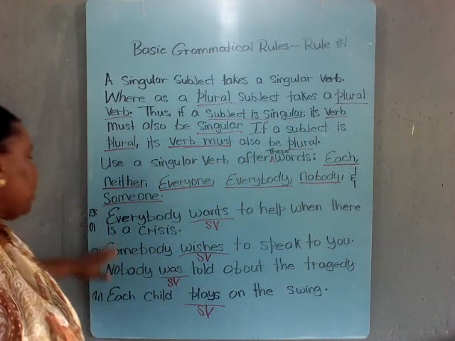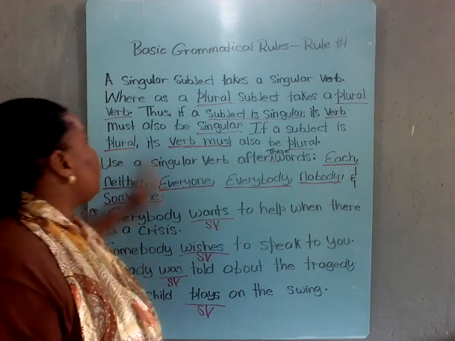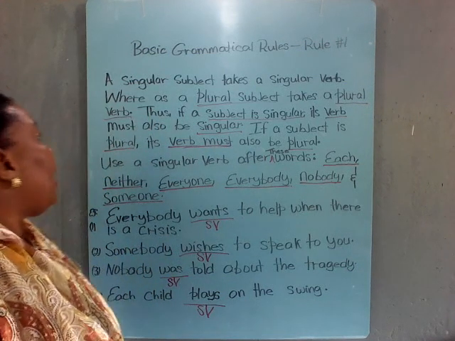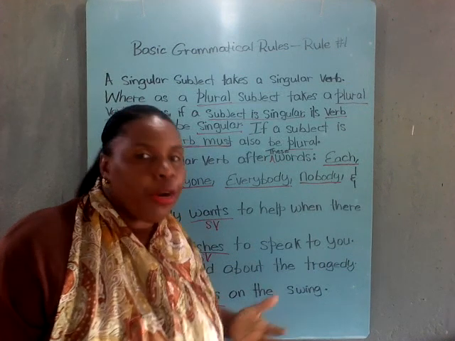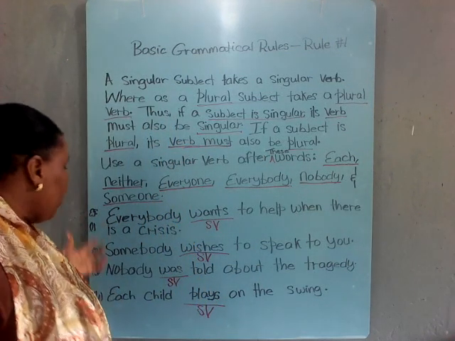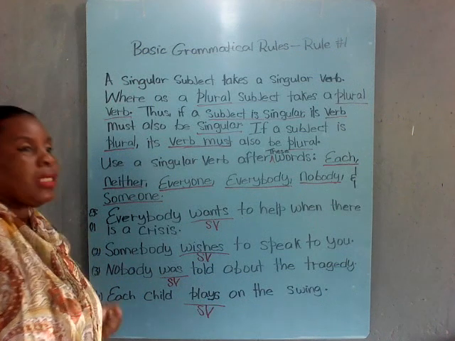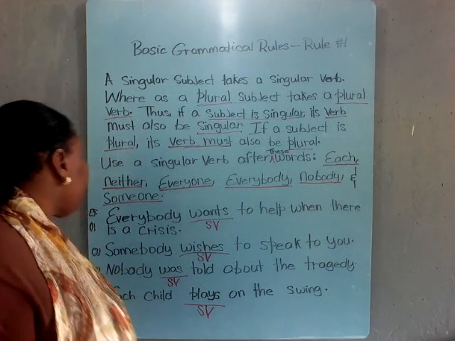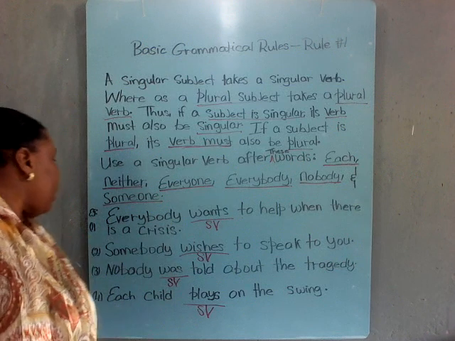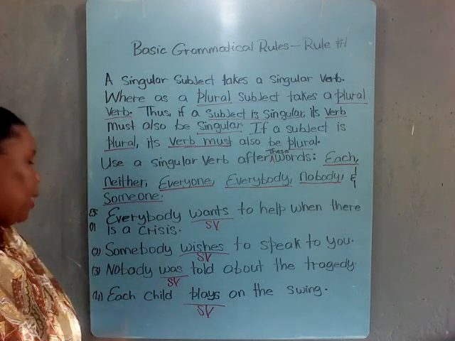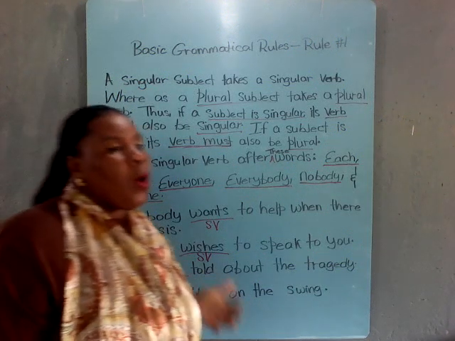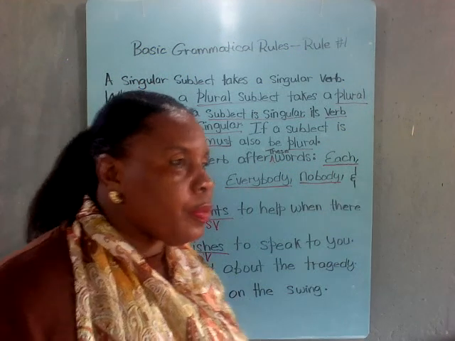The subject is singular, so according to the rule, a singular subject takes a singular verb. So although it says everybody, somebody, nobody, each child, they are all singular.